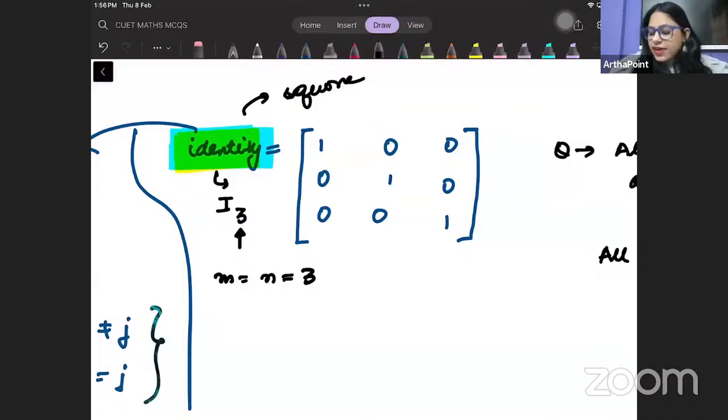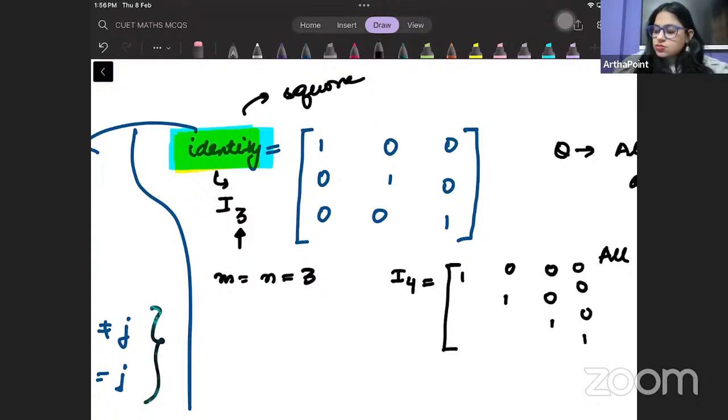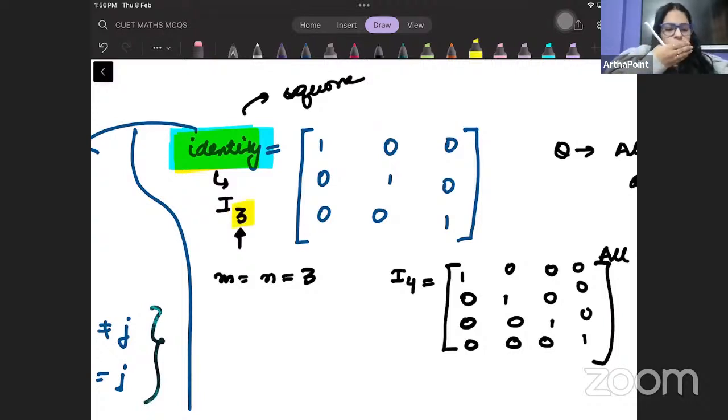If I would have written I4, it would have meant that the number of rows and columns are 4. This would have been I4. So this represents that it is an identity matrix, but its number of rows and columns are 3.